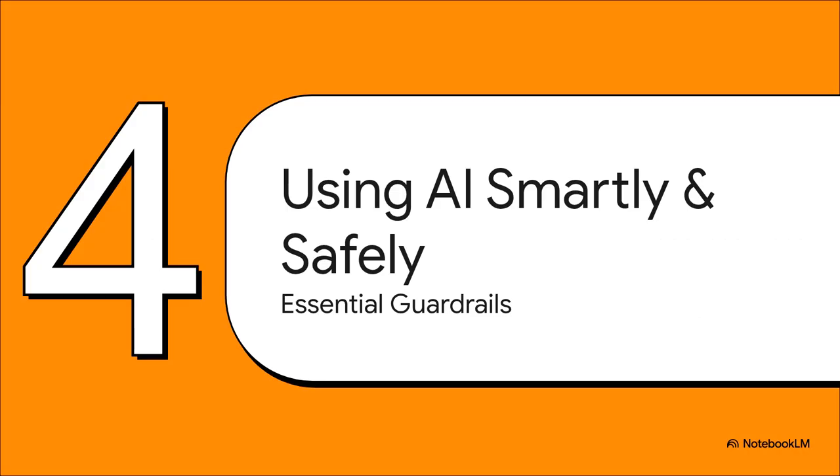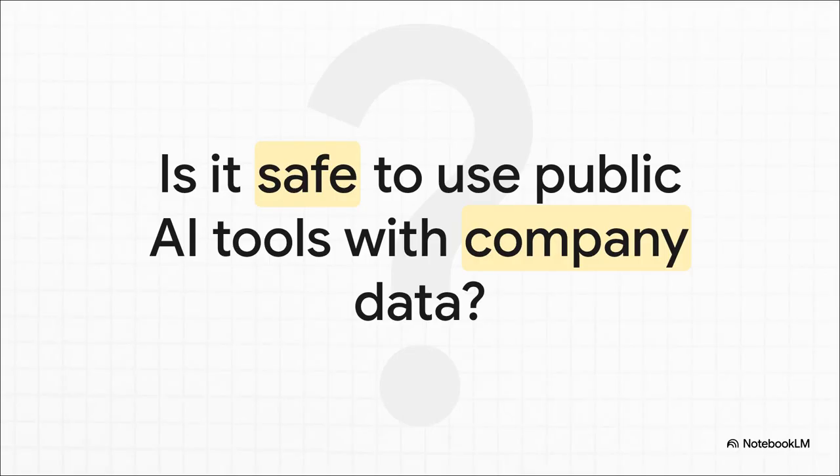Okay, let's pause for a second, because this next part is maybe the most important thing we're going to talk about today. With all this power comes a huge responsibility to use it safely, especially with your company's information. This is the number one question on everybody's mind. Is it safe to just copy and paste company info into these public AI tools?